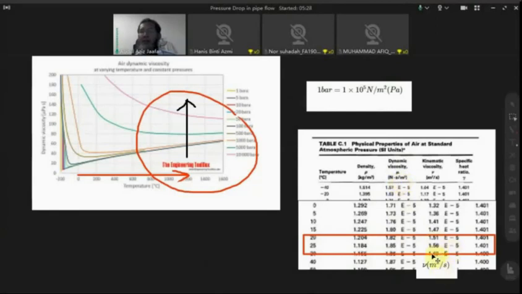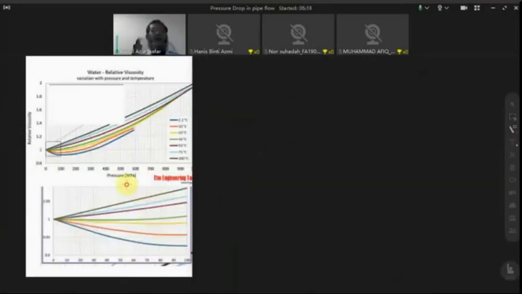Next, we look at the dynamic viscosity of water and its relationship with the pressure and temperature. Again, in the plot, we have viscosity against pressure, and our parameter now is the temperature.